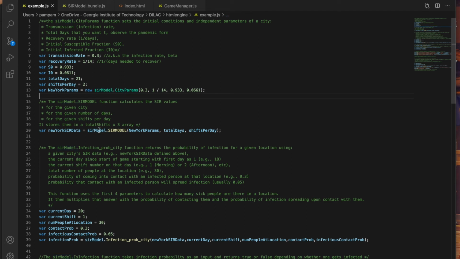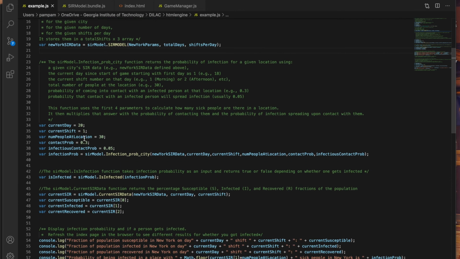Then I plug in these conditions along with the total days and shifts I want to run the simulation for, which is 21 days and 2 shifts per day, into the SIR model function. Again, I write that as SIR model dot SIR model here. This function then calculates all the SIR values for each day and shift, for 21 days and 2 shifts, which I store in an array called New York SIR data.